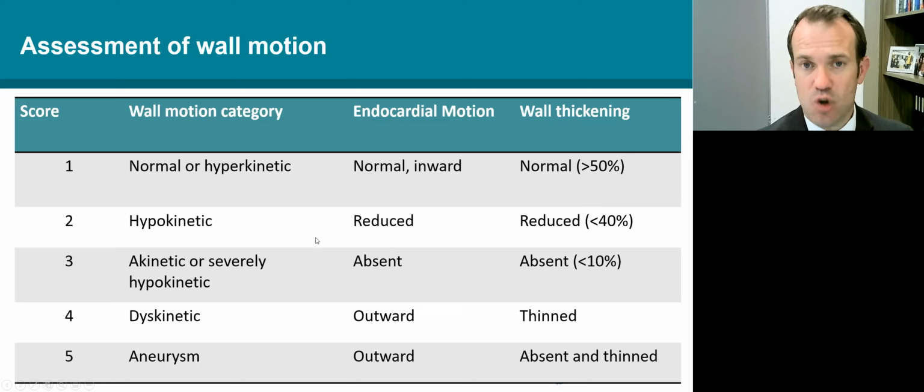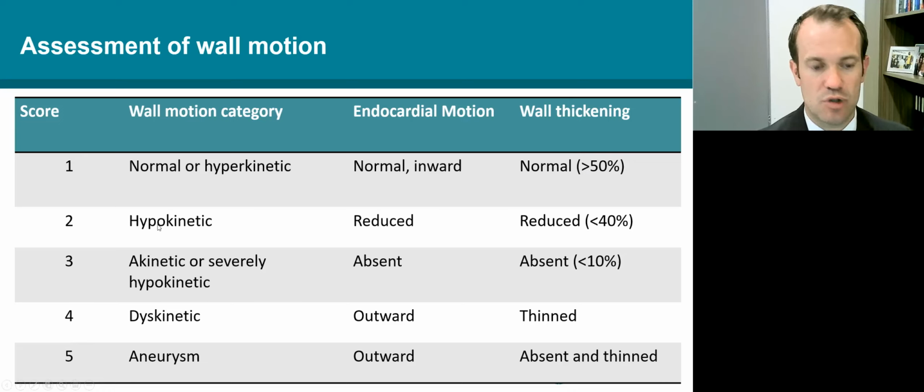We do score the walls at rest and with stress. If the wall is normal or hyperkinetic, either at rest or stress, we score that a 1. We're also looking at the thickening of the wall; we want to look at both the motion and the thickening. Normal thickening is usually greater than 50% from end diastolic to end systolic thickening.